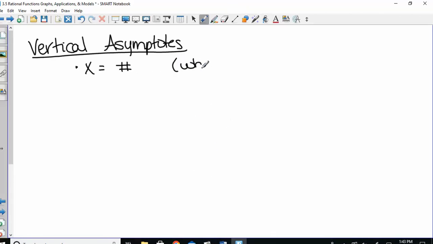And that number is what makes the denominator equal 0. So when I look at a fraction and I'm like, oh, I can't put 2 in because it makes the bottom 0, we're getting a vertical asymptote at 2. So it'll always be x equals whatever makes the bottom 0. There may be more than one of these.